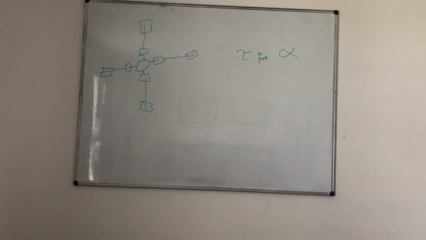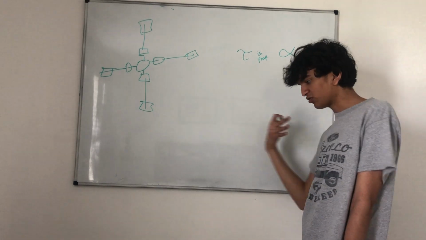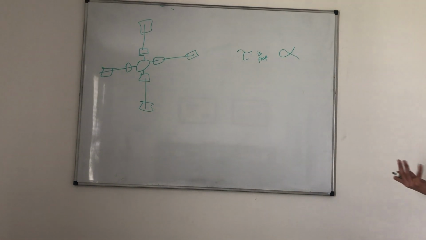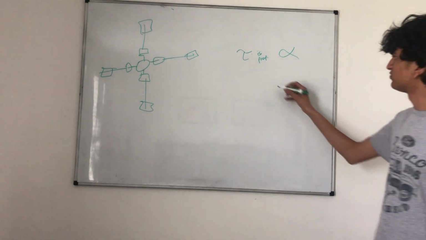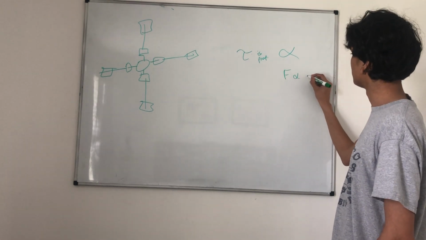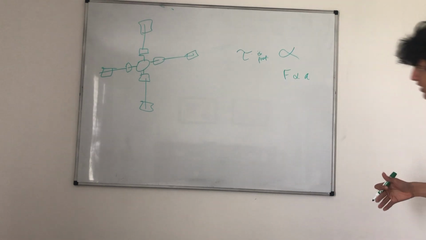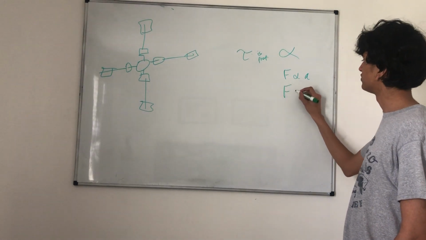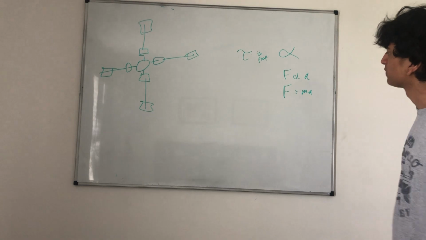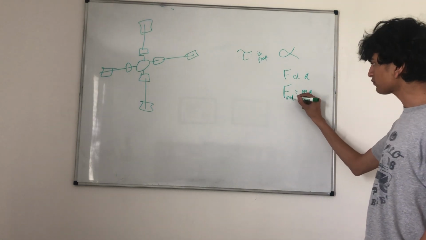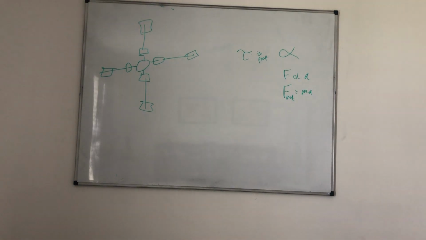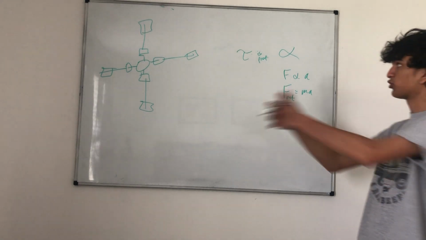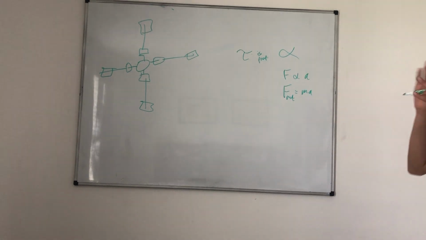What that means is if you have twice the net torque, you have twice the angular acceleration. That's similar to force being proportional to acceleration. Twice the force means twice the acceleration. So maybe there's some connection to force equals mass times acceleration, or F net. So what we realized is that, no matter what, torque net is proportional to alpha.